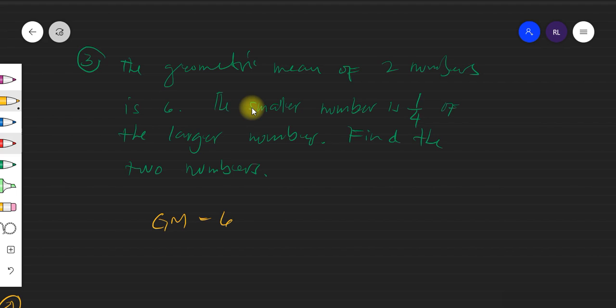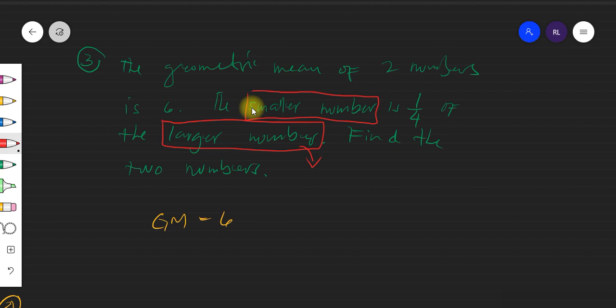So we have two numbers again: the smaller number and the larger number. Do we have information about the larger number? No. But we do have information about the smaller number, which is 1/4 of that larger number.